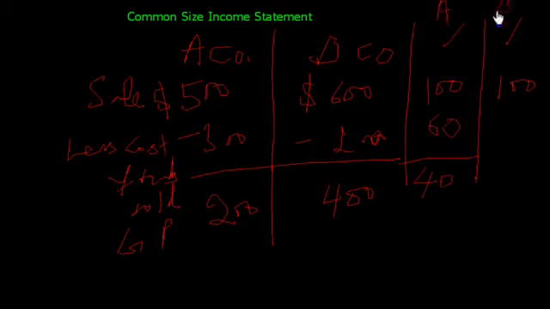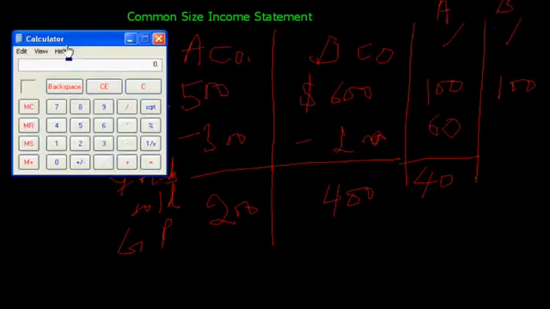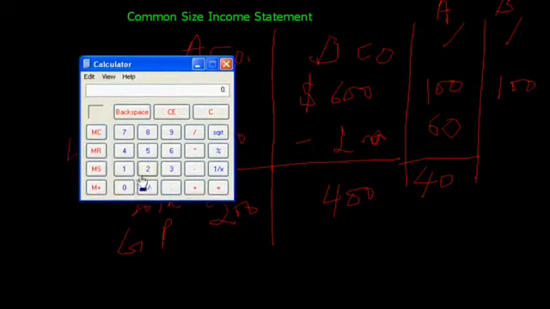And in B company we will calculate 200 divided by 600 into 100.